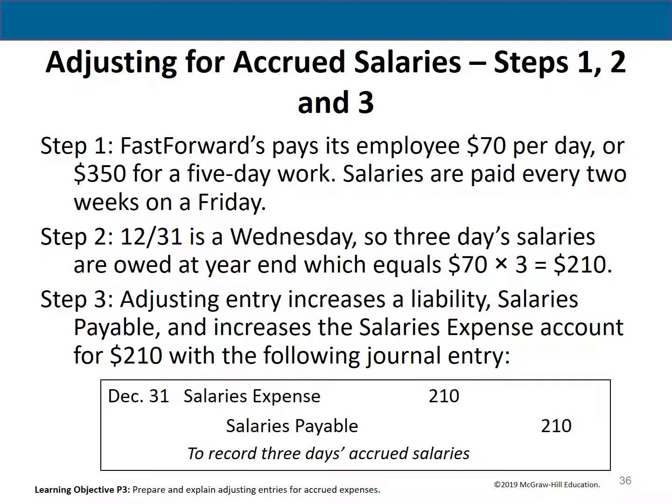So, on December 31st, we really owe our employees $210. Now, we don't write them out a check. Okay, payday's payday. But we do have to record that there's 3 days of salary expense not recorded yet. So the accrued expense will be debit salaries expense for the $210, credit the liability salaries payable to show the company owes that.